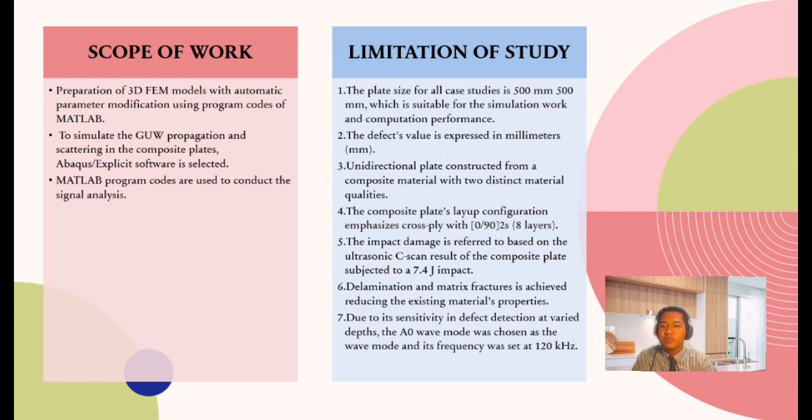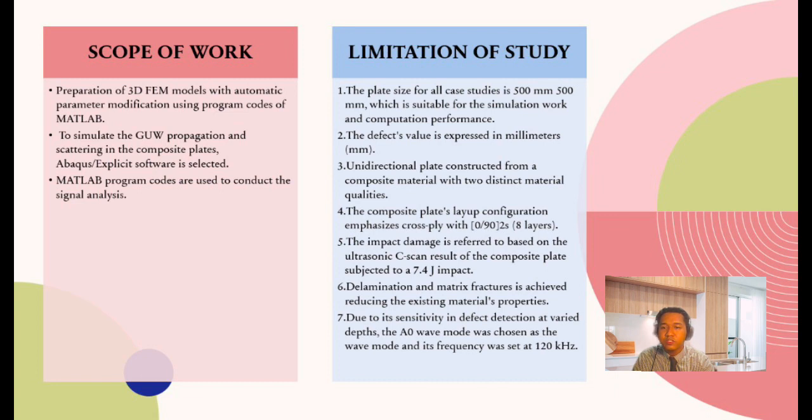The third one will be a unidirectional plate that is constructed from a composite material with two distinct material qualities. The fourth one will be the composite plate layout configuration emphasized across ply. The fifth one will be the impact damage, in reference to the ultrasonic C-scan result of the composite plate subject to a 7.4 joule impact.